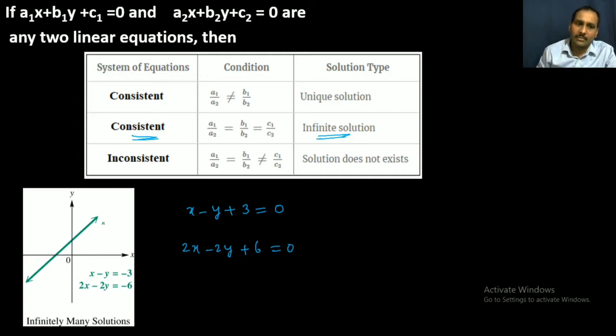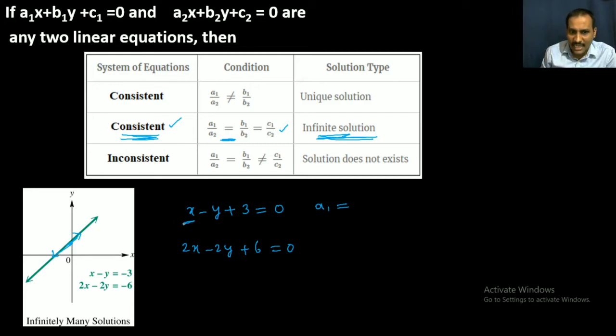Already we have learned about the graphs. If two lines are coinciding with each other, there exist infinitely many solutions. And if there exists at least one solution, it is called consistent. So these two are satisfied. We will check whether this condition is satisfied or not. Let us compare with a1x plus b1y plus c1 equal to 0 and a2x plus b2y plus c2 equal to 0.